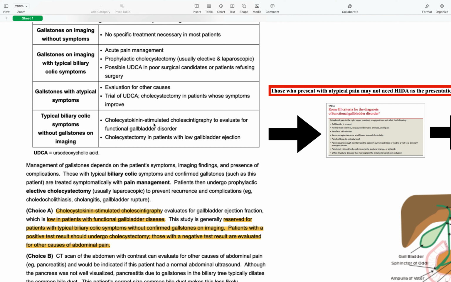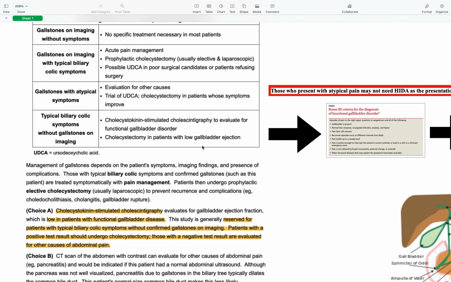So you give CCK along with the HIDA scan, okay? So why do you do this? You want to evaluate for functional gallbladder disorder. So there's no stone, but there are typical biliary colic symptoms. So you do a CCK with HIDA. The reason you do this is you want to know the ejection fraction of the gallbladder.